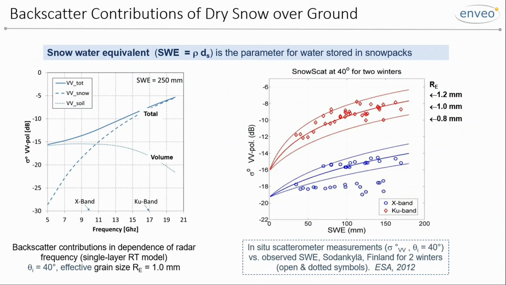Now, you see here, when we are trying to understand where the backscatter comes from, this is the backscatter at VV polarization, HH is very, very similar, in dependence on the frequency. We have the total backscatter here as the full line. Then we have the backscatter from the snow volume, and we have the backscatter from the ground.